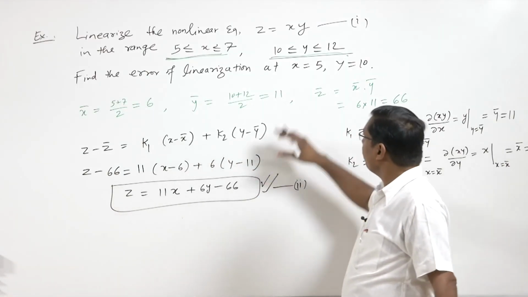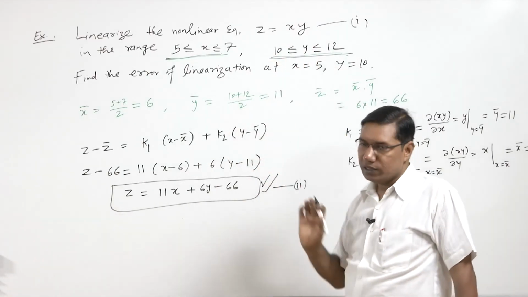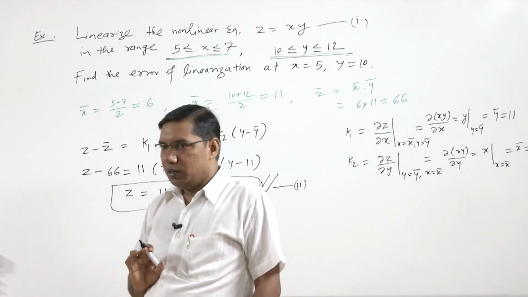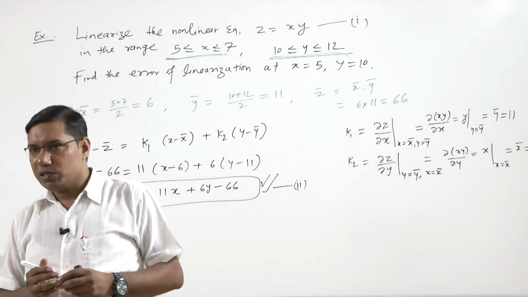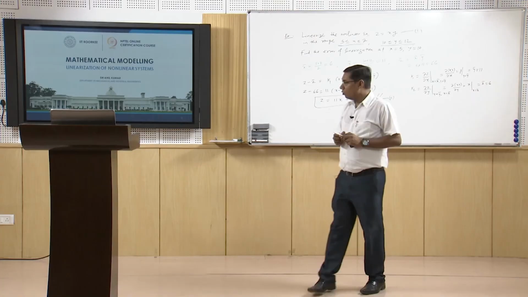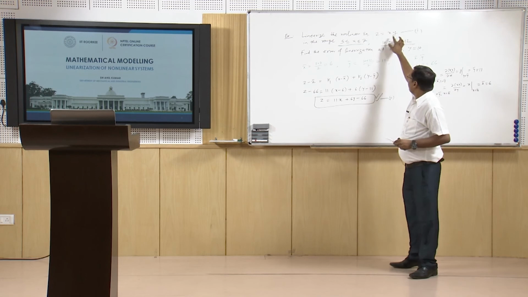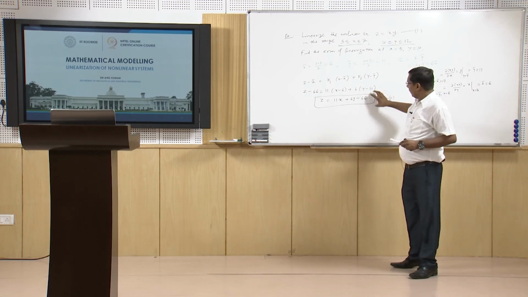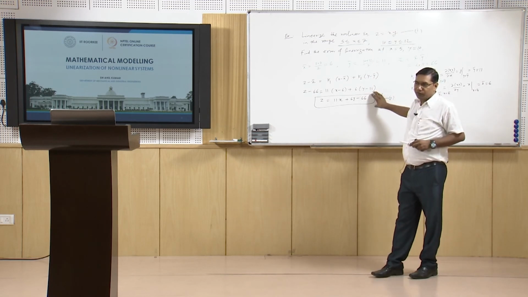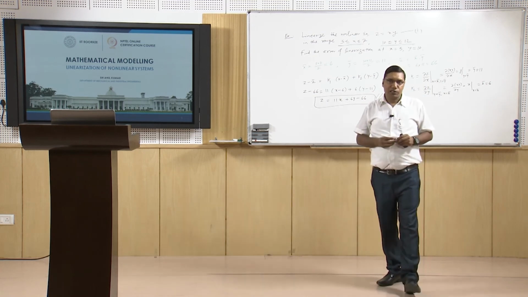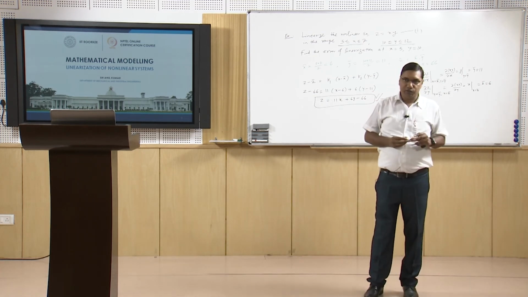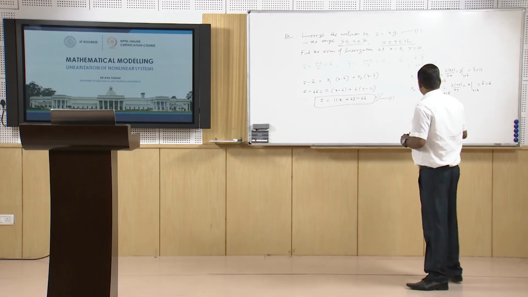Now, you can see that when we have this function in our differential equations, and we know that these values are in this operating range, we can replace it with this equation, and we can easily take the Laplace transform and obtain the transfer function, because now this is linear.